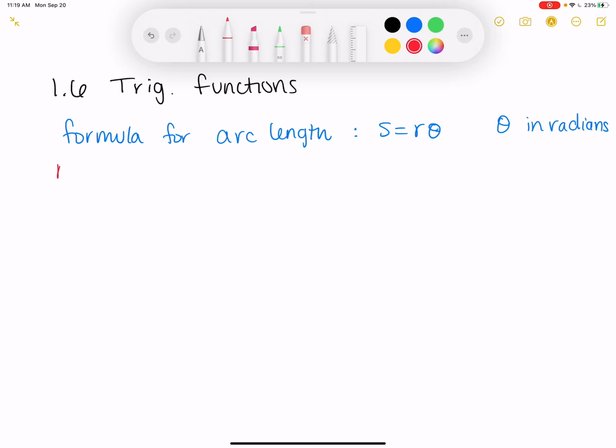Let's see. R is radius, and X and Y are the coordinate axes.